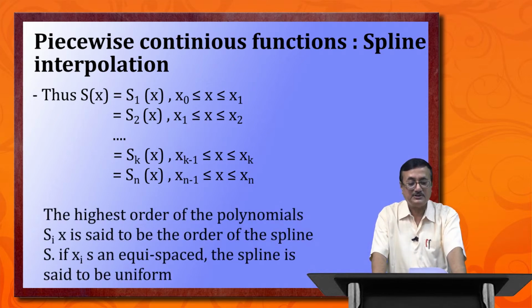The highest order of polynomial S_i(x) is said to be the order of the spline S. If the x_i's are equispaced, the spline is sometimes called a uniform spline, or otherwise it is a non-uniform spline.